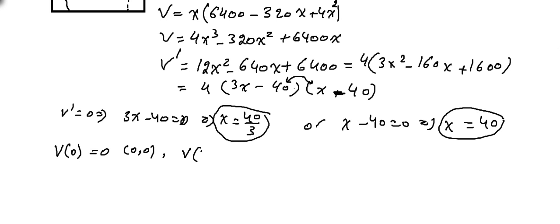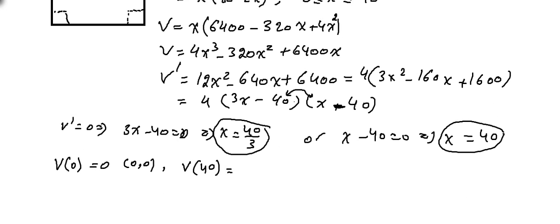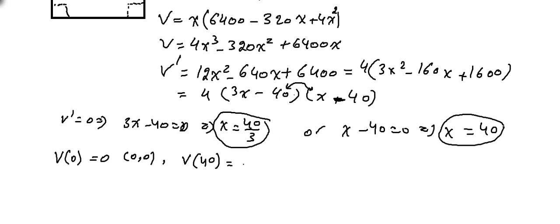V of 40, when we substitute 40 instead of x, we also get a volume equal to 0, for sure, because then we don't have a volume. The box will be folded as just a paper, right? No capacity in it. So 40 abscissa, 0 ordinate, and we find V of 40 over 3.